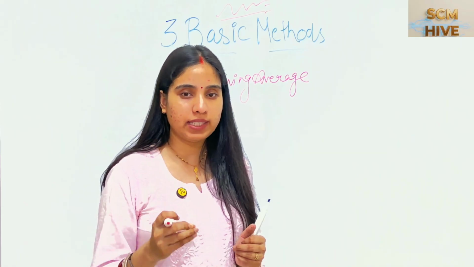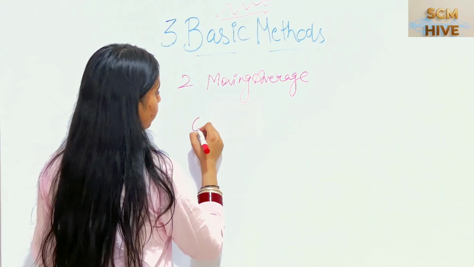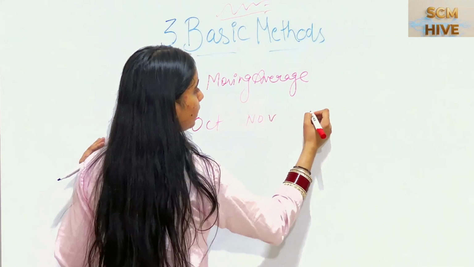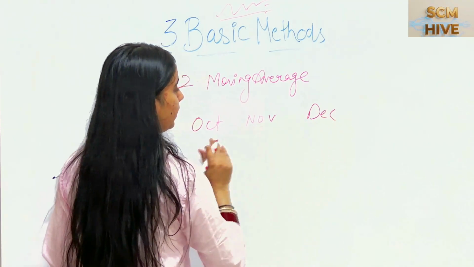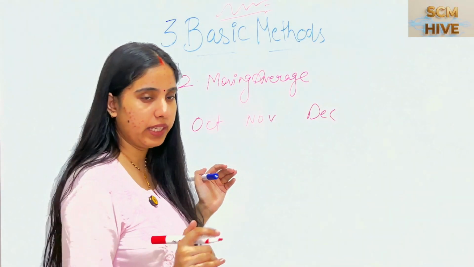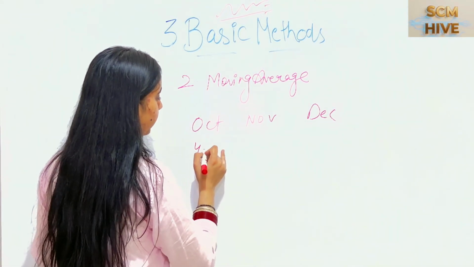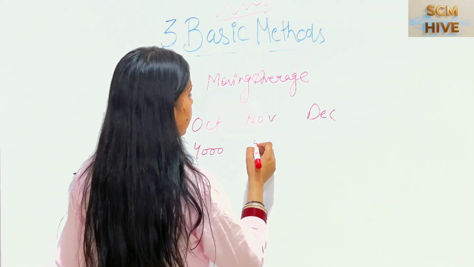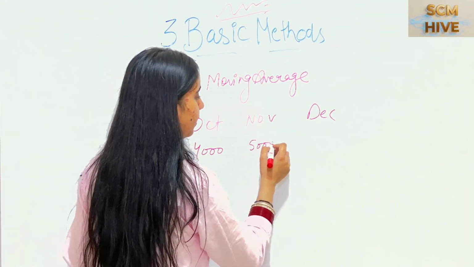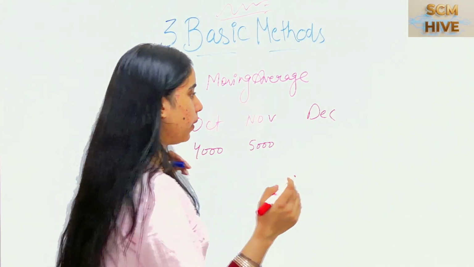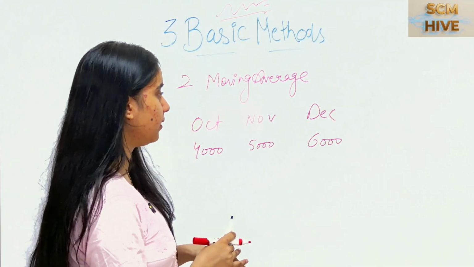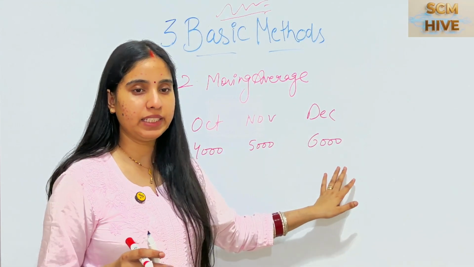For example, October, November and December, these are the 3 months. In October the sales was 4,000, in November the sales was 5,000, and in December the sales was 6,000. These are the different numbers in each month.